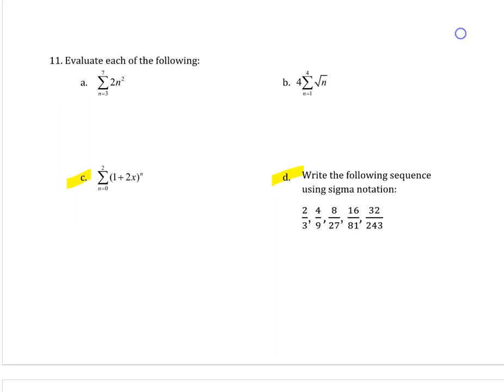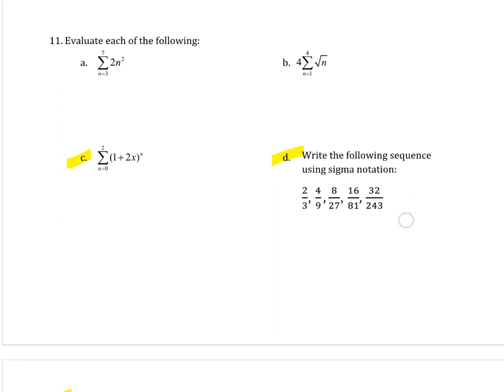All right, let's say I want to evaluate some sigmas. Remember, sigma means sum, and another word for sum of a sequence means series. It's the whole unit of S's, sequences, sigma, sum, series. So let's start with, actually I'm going to do A for a second just to remind you of how this works. This is your lowest integer value that you're going to plug in.